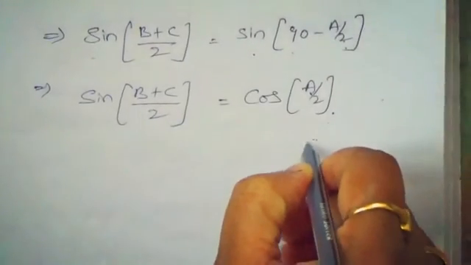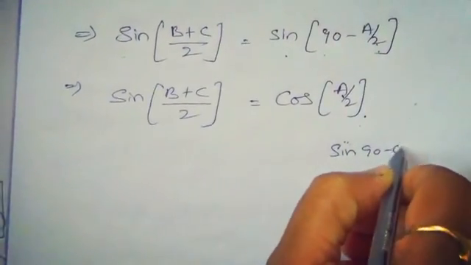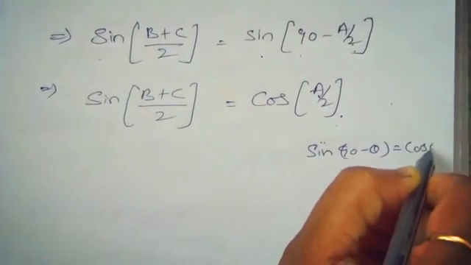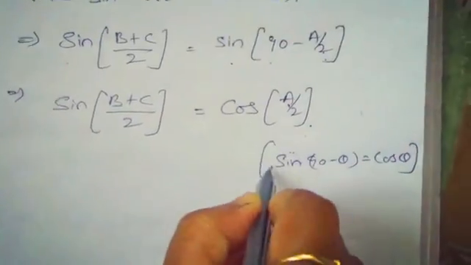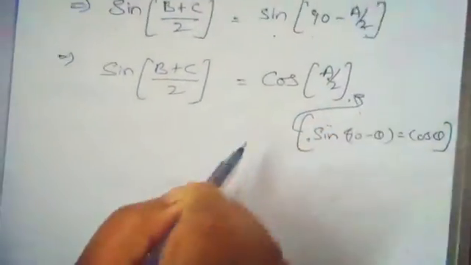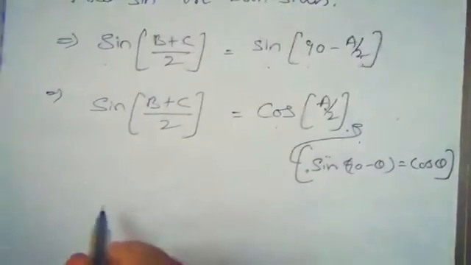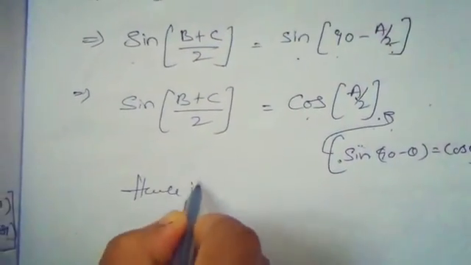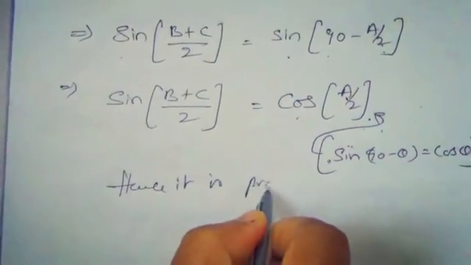That's it. So we used here sin 90 minus theta is equal to cos theta. Hence it is proved. That's it. Okay, so here we finished up to example 12.